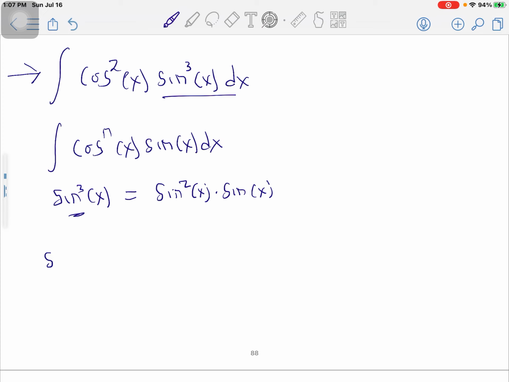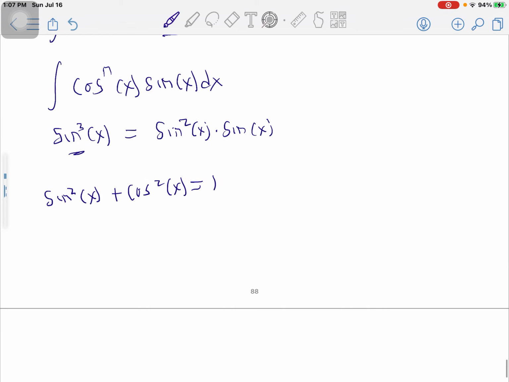And based on this, we are all aware of the trigonometric identity sine square of x plus cos square of x is equal to 1. Later on, we will show you why it is 1 when I do a full tutorial on trigonometric identities.